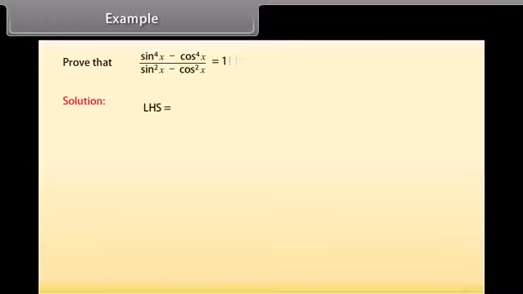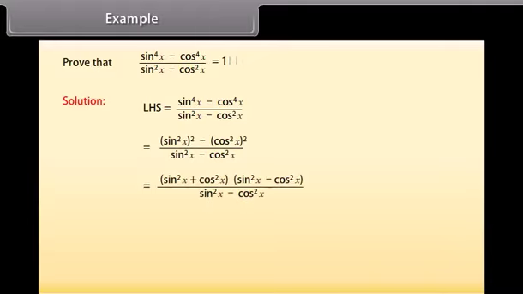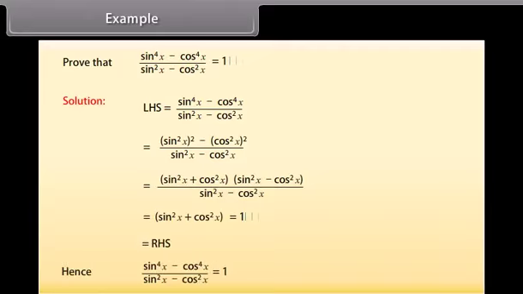On solving the left-hand side, which is (sin raised to the power 4x minus cos raised to the power 4x) whole upon (sin square x minus cos square x), we get 1. And this is equal to the right-hand side. Hence, it is equal to 1.